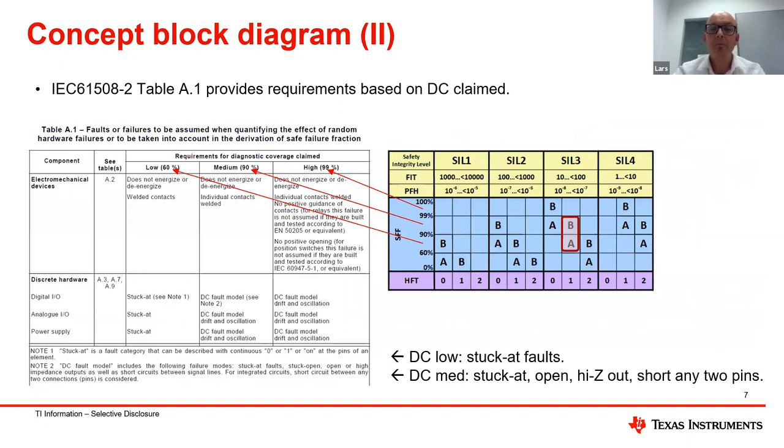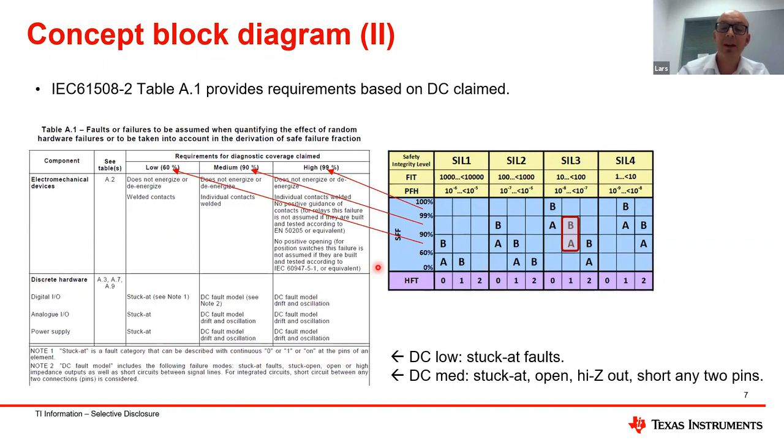Then the next point is that we take our IEC 61508-2 table 1, and we can now map our B and A elements into the different columns again. We play in the discrete hardware, and for the low, which means our type A elements, we need to test against stuck-at faults, and only stuck-at faults, zeros or ones, at the pin of an element.